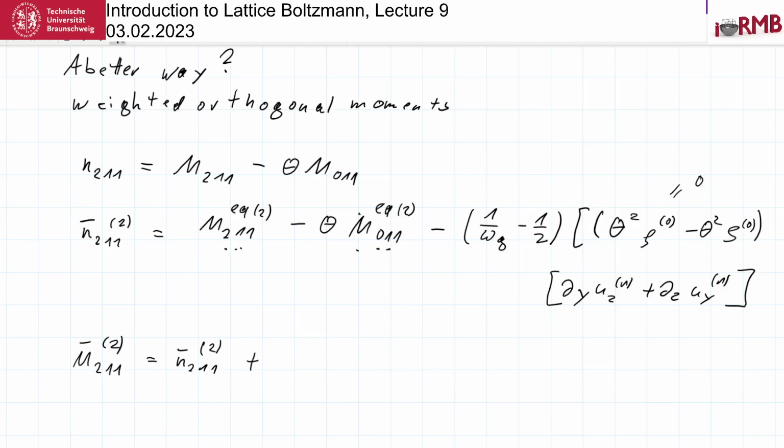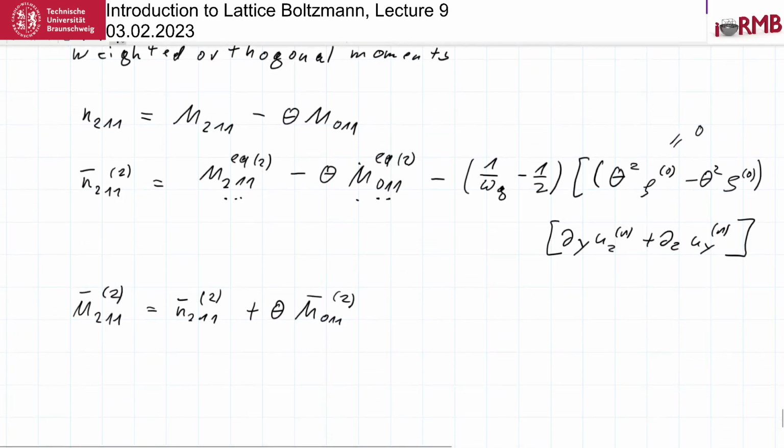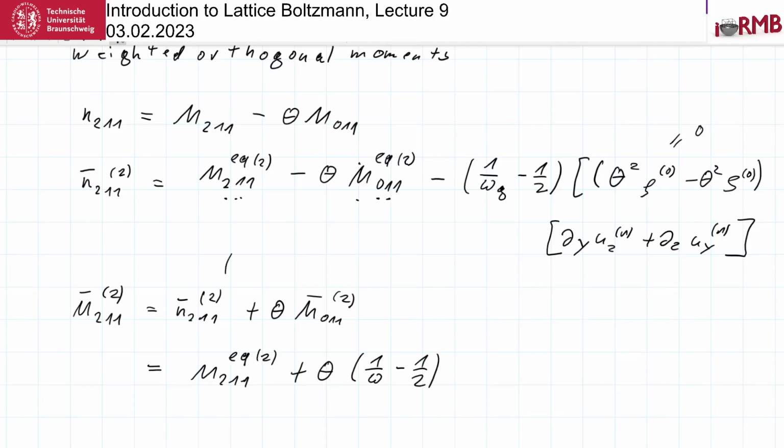Second order plus theta, so now this is the inversion of this, 011, 2, and this gives us M211 equilibrium, second order, plus theta, 1 over omega, because the other guy does not contribute to the non-equilibrium part.